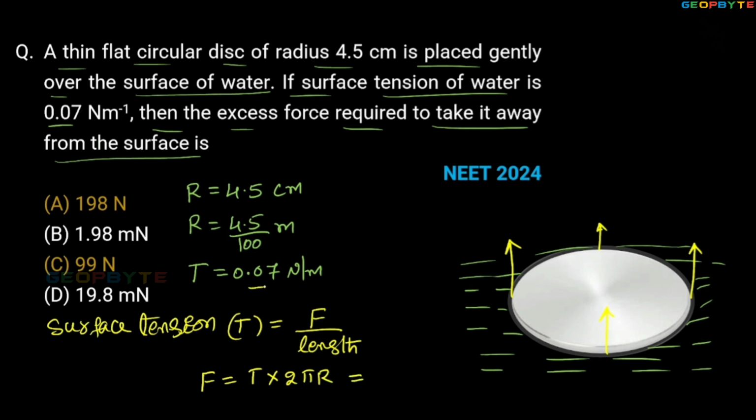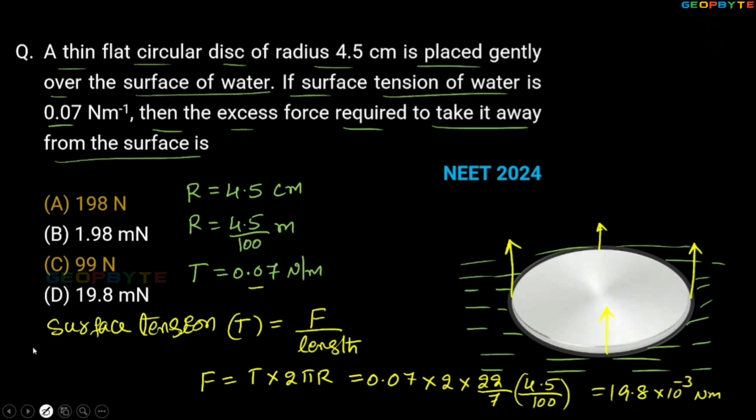It is equal to 0.07 into 2 into pi value 22 by 7 into r value 4.5 divided by 100. Simplifying this, we get 19.8 into 10 power minus 3 Newton.